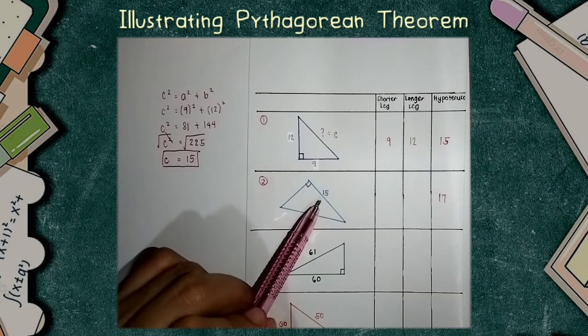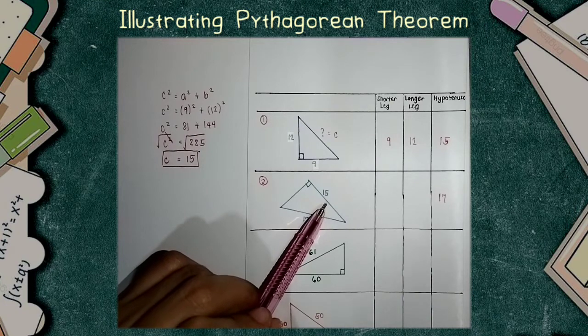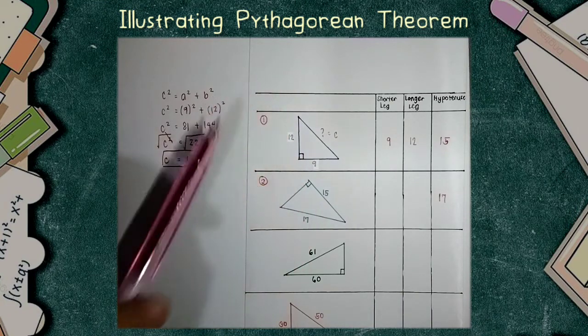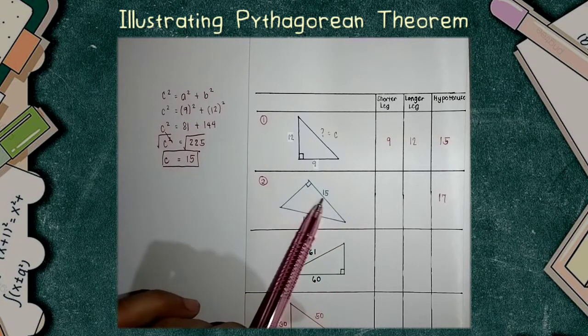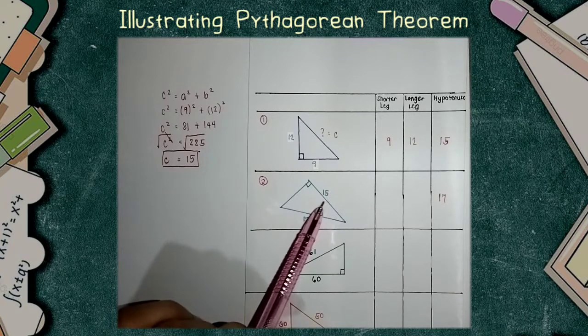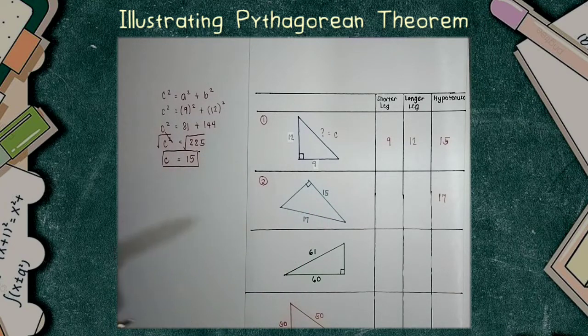Since we cannot determine if this is the shorter or longer leg, pwede nating gamitin yung kahit ano dun sa A or B na formula. Kung alin yung mas malaki na sukat, yun yung ating longer leg, and kung ano yung pinakamaliit, yun yung kanyang shorter leg.